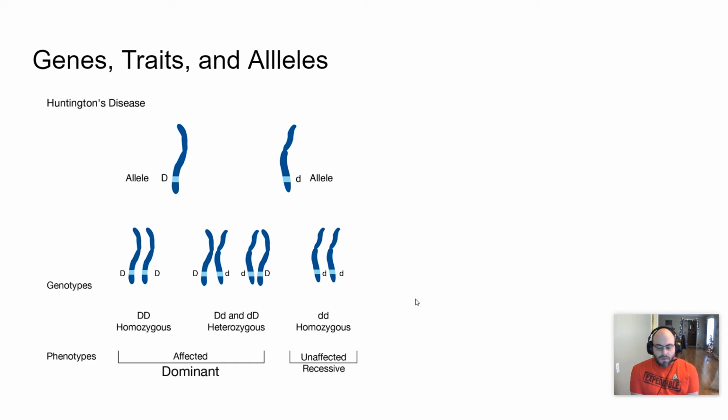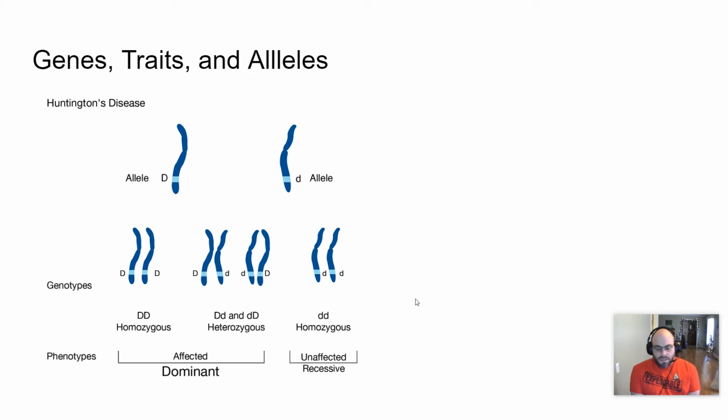You've all probably had this at some point in your biological studies, whereas there are certain traits, let's say hair color, and you get that trait from your parents, but you may get one version from mom and one version from dad. Mom may pass you the blonde allele, and dad may pass you the brown allele, and then you end up with brown hair.